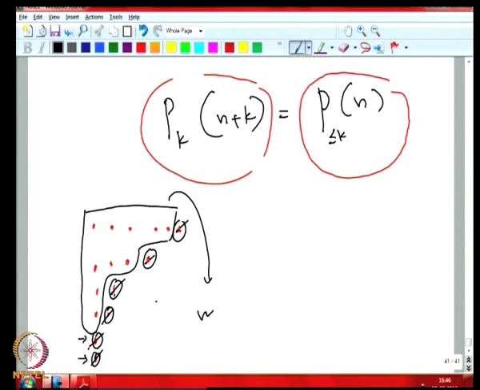Conversely, if you get a partition of n into at most k parts, consider its Ferrers diagram, say something like this. For instance, you can consider this particular partition. Now, what you can do is add 1 at the end of every row.